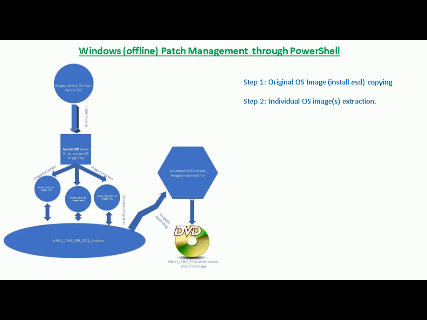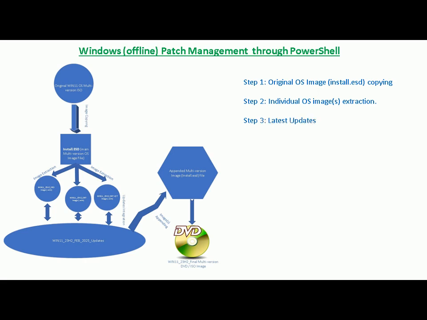All those are integrated within a single ESD, but we don't want that many images. We want only certain images, let's say 3 images: Windows 11 Pro, Windows 11 Enterprise, and Windows 11 Enterprise IoT. Only 3 images, if I want to extract them from an ESD. So that will be our second step.